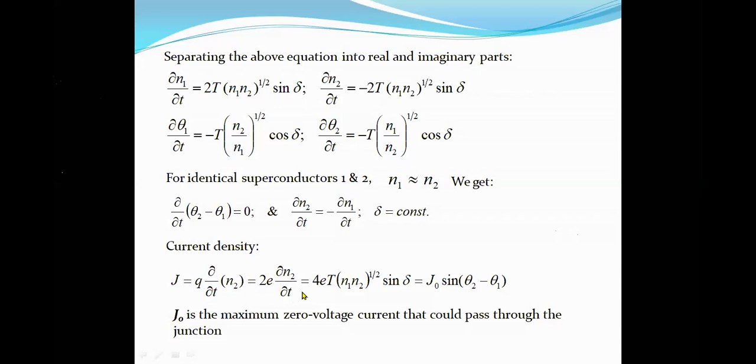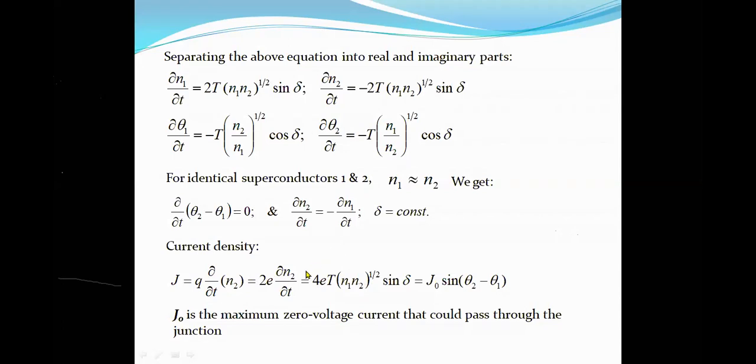So minus 2t is there, and n1 n2 half sine delta. This we take as 0. Okay, so this is a sign. Basically you can take it negative also, it doesn't matter, because it only indicates the direction of currents here.